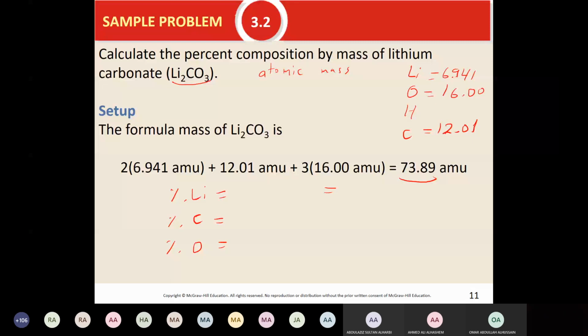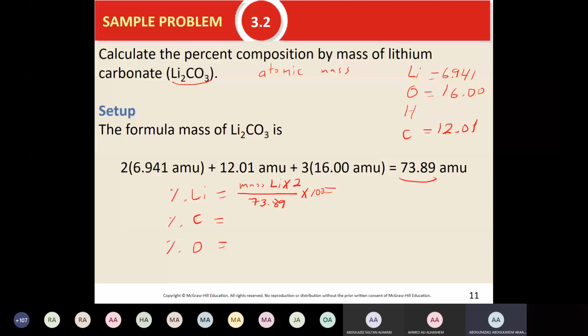Here it's the mass of lithium times 2, divided by 73.89, times 100. For lithium, 18.79. Very good.